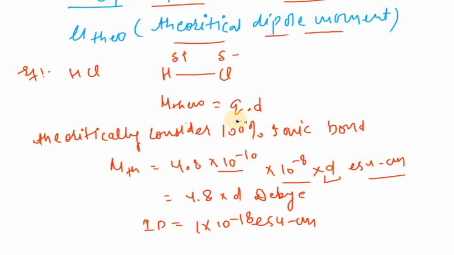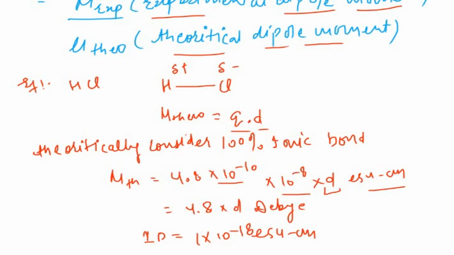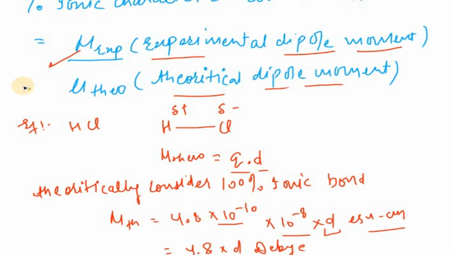So the theoretical dipole moment, we know, is Q multiplied by D, where we know the charge and then multiply by the distance. The experimental value will be given, and theoretically we need to calculate.